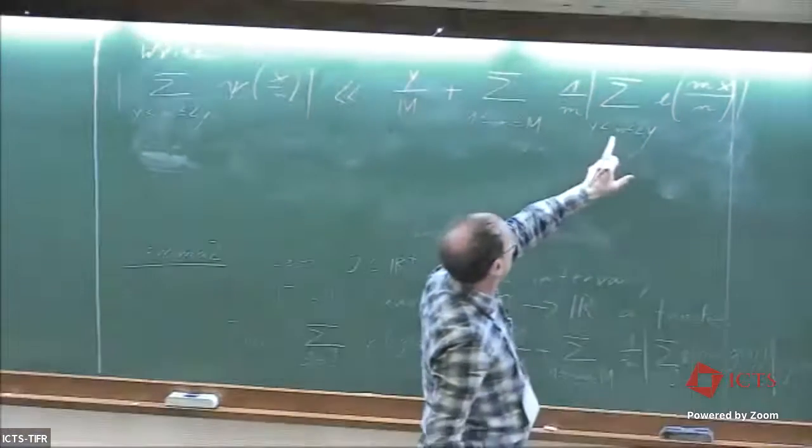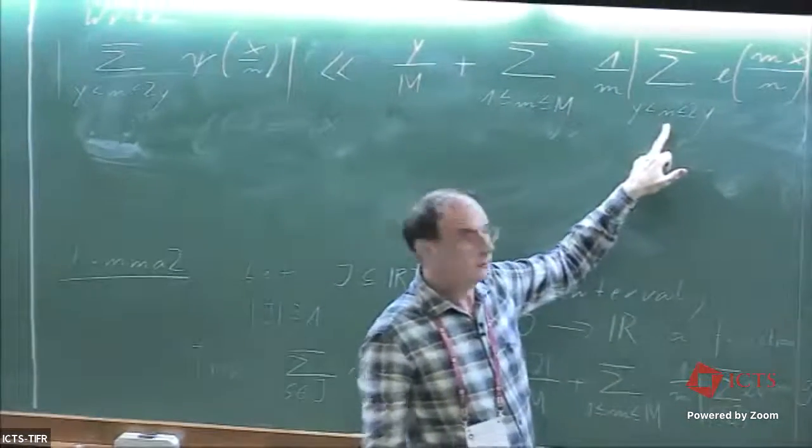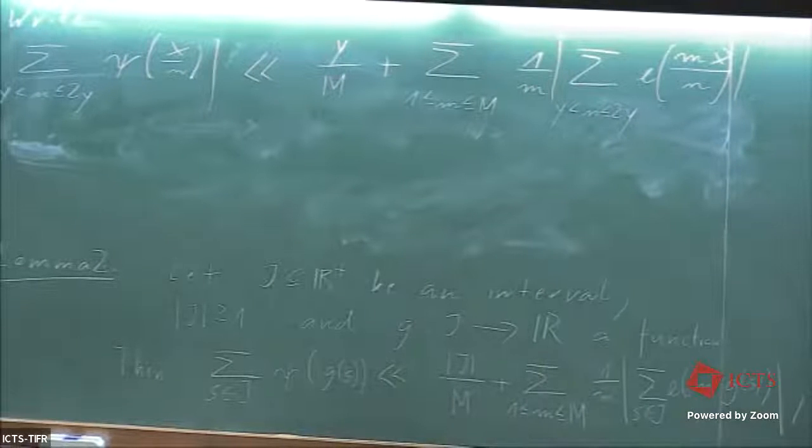No, I'm summing over n here. Yeah, so I divide into such dyadic intervals. We just need log x dyadic intervals of that form. And then for every y, we need to obtain that estimate here.